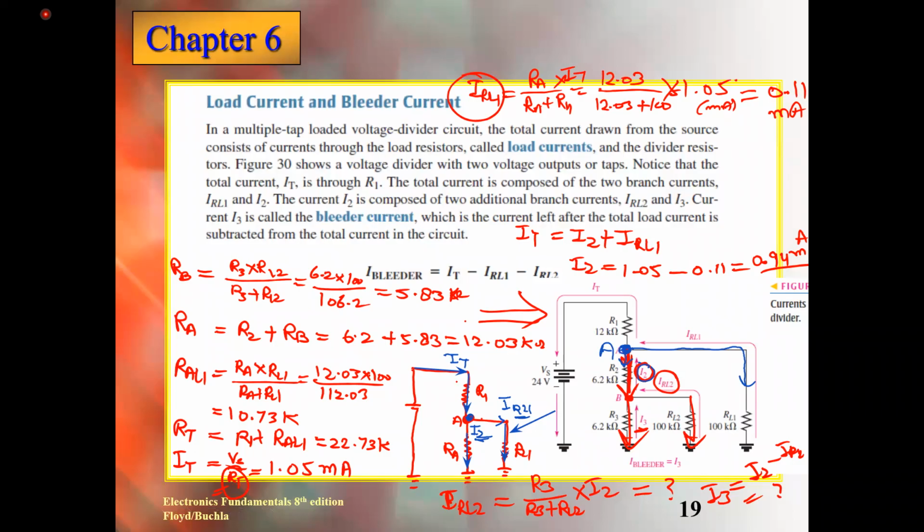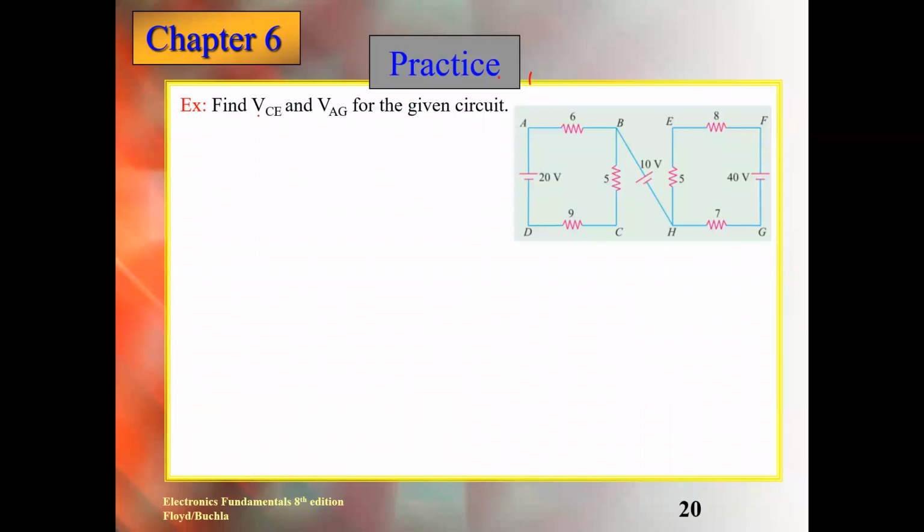Find VCE and VAG for the given circuit. How can we calculate? What is the meaning of VCE? Who can tell?